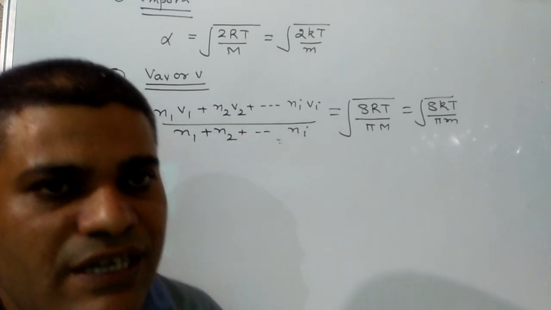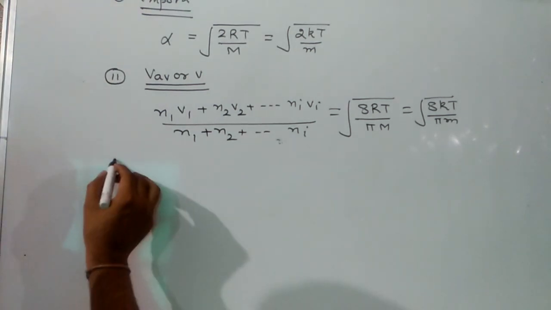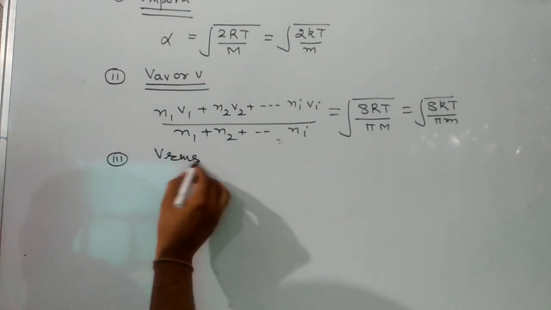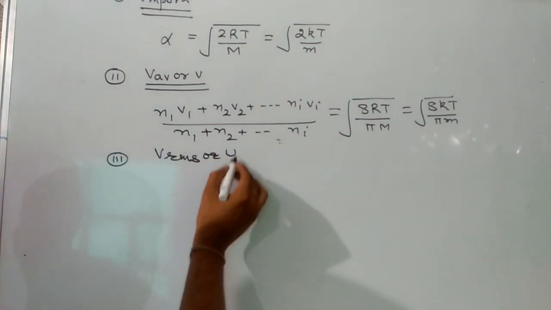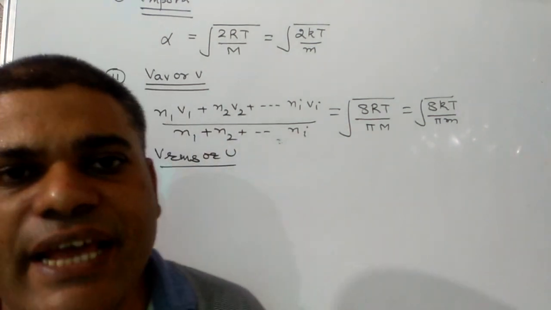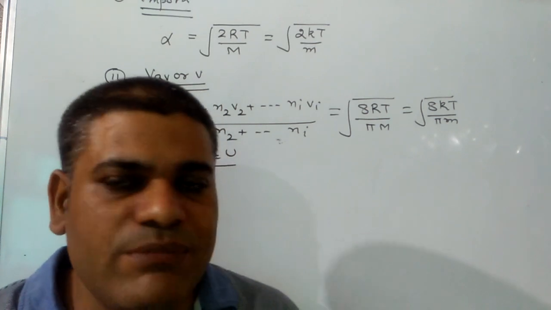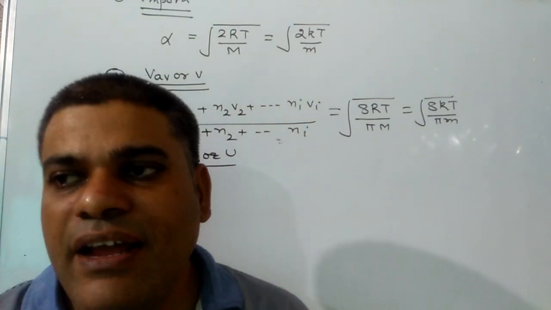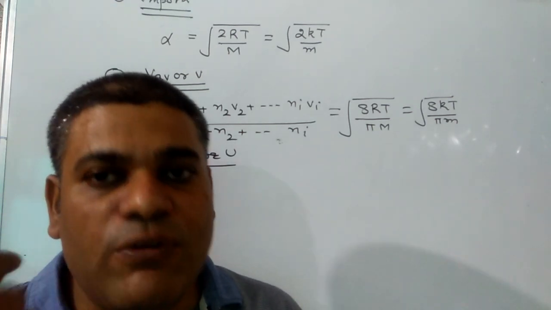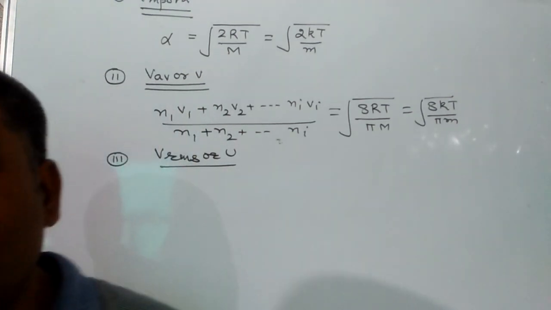The next type of velocity which is commonly used is the root mean square velocity, denoted by u. As the name suggests, it is the square root of the mean of the squares of the velocities possessed by different molecules.